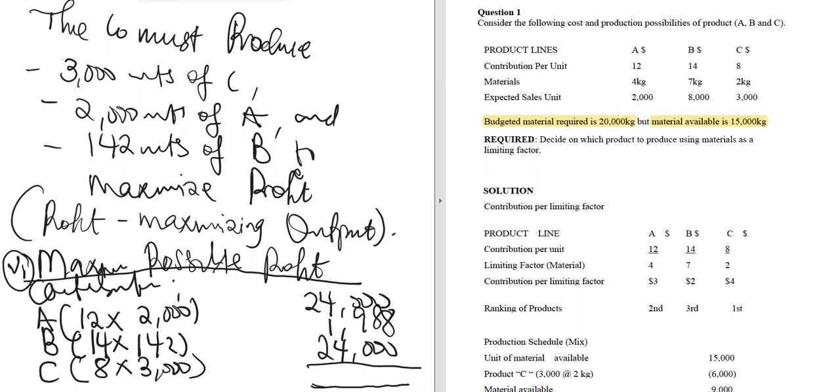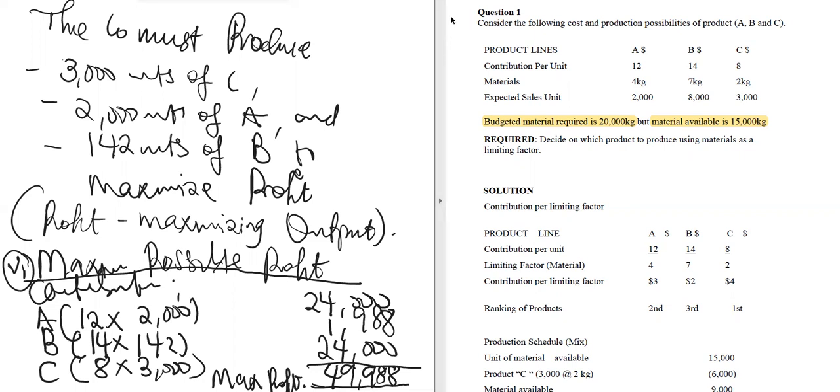When we add, we have approximately 50,000, but 49,988 to be our maximum profit, right? Because there were no fixed cost, contribution will be equal to profit. So this is how you go about it. The 6-step approach to solving limiting factor decisions.